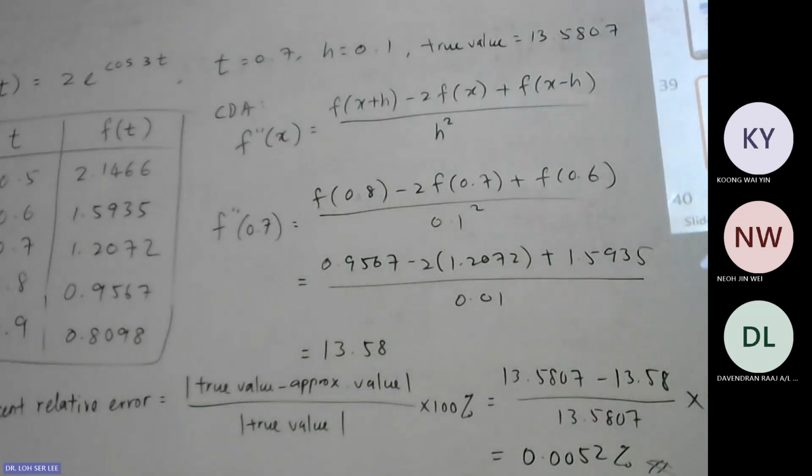Okay, you have to find the second derivative. To estimate this one, the step size is 0.1. So you have to choose the correct point, since points are given. Okay, so we use these three formulas.